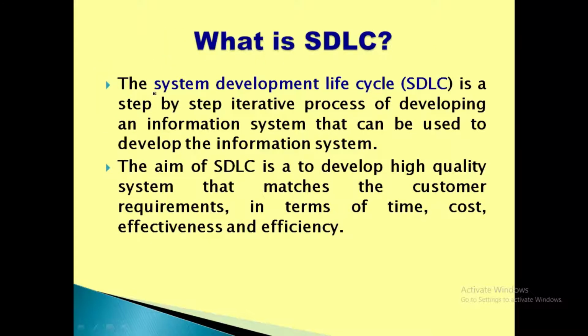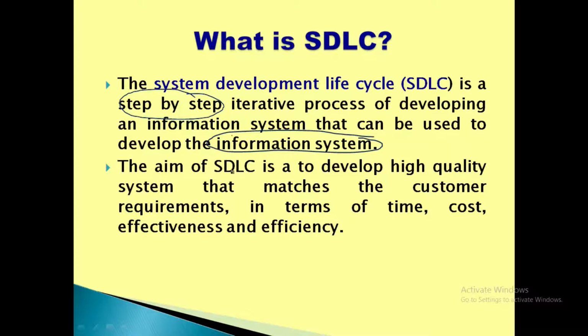Now let's see its exact definition. What is SDLC? The System Development Life Cycle is a step-by-step iterative process of developing an information system that can be used to develop an information system. This is a step-by-step approach through which we are looking forward to develop the information system.